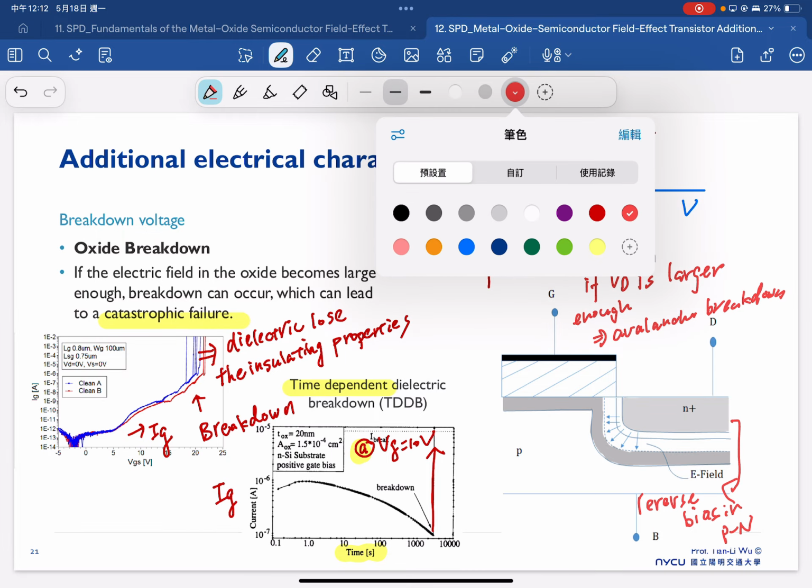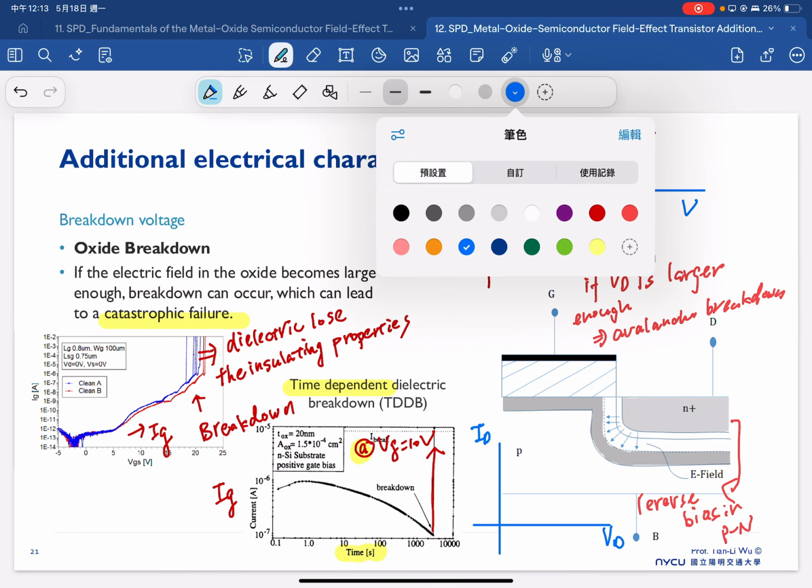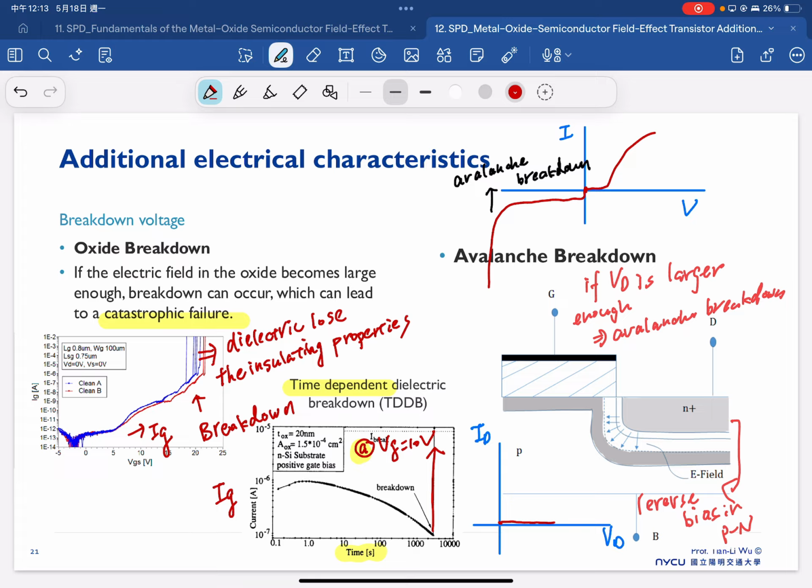The only difference is that if you look at the IV characteristic, the ID versus VD, once we apply a high enough drain bias, we see the current go up. That's because of avalanche breakdown.